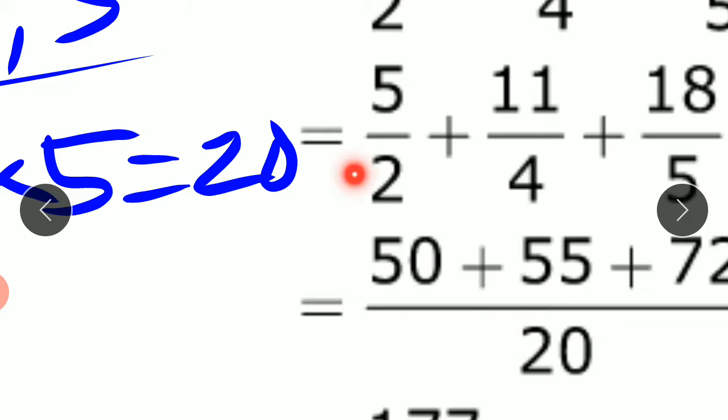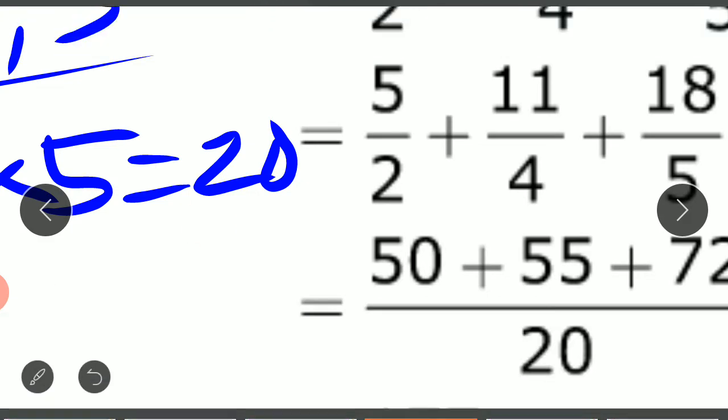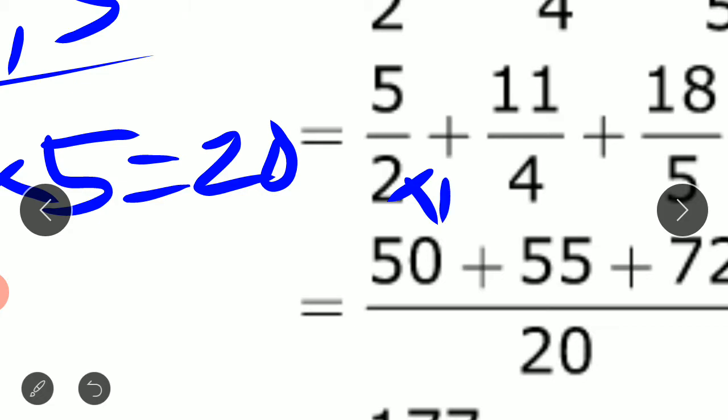Take the first fraction, whose denominator is 2. With 2, what is to be multiplied to get 20? It's very simple, 2 tens are 20. With the same factor 10, multiply the numerator 5. 5 tens are 50.